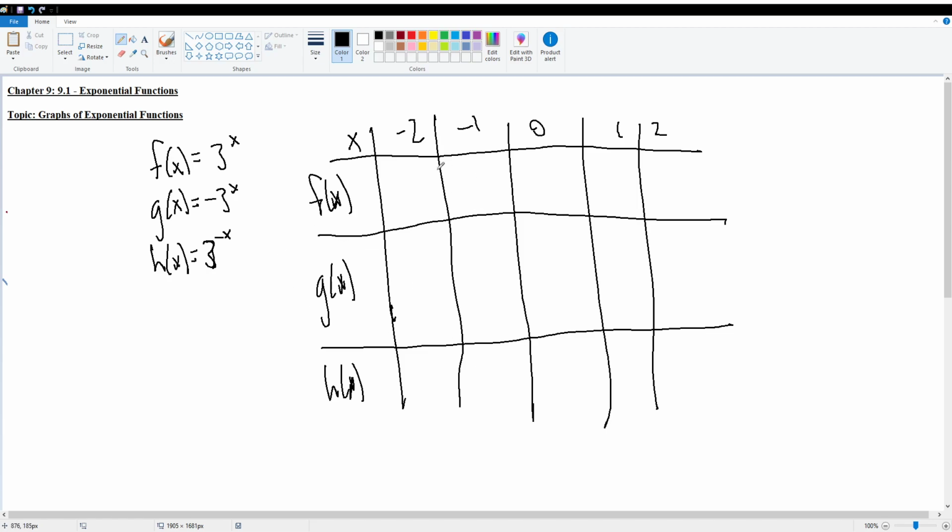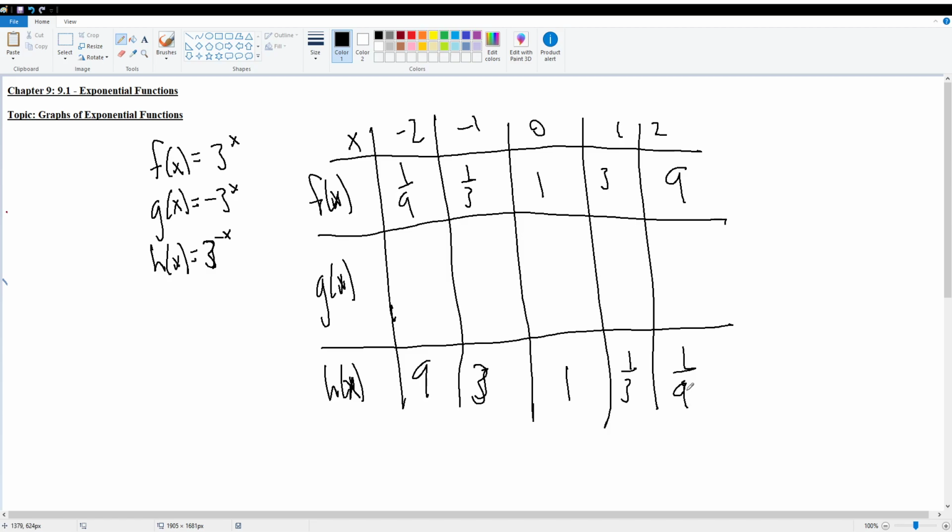So f of x is quite simple. I can just go ahead and fill that one out. h of x is also quite simple. It'll just be f of x, but in the reversed order. So 9, oh, I'm sorry, that should not be a 2, it should be a 9. 9, 3, 1, 1/3, 1/9.